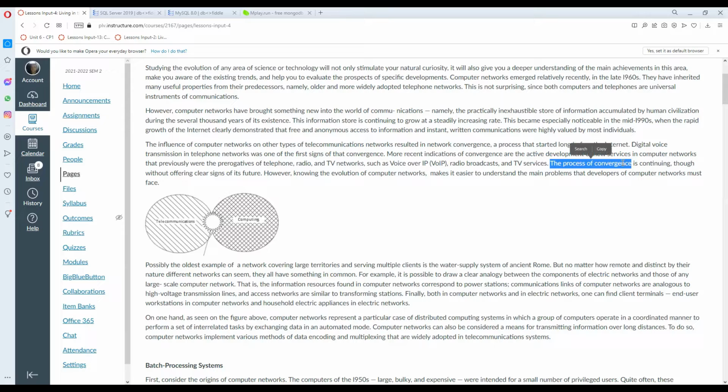So what is convergence? Convergence is what we call the interaction of one object to another. So in this case, the convergence between telecommunications and computing, telecommunications in the form of radio, telephone, and TV networks.